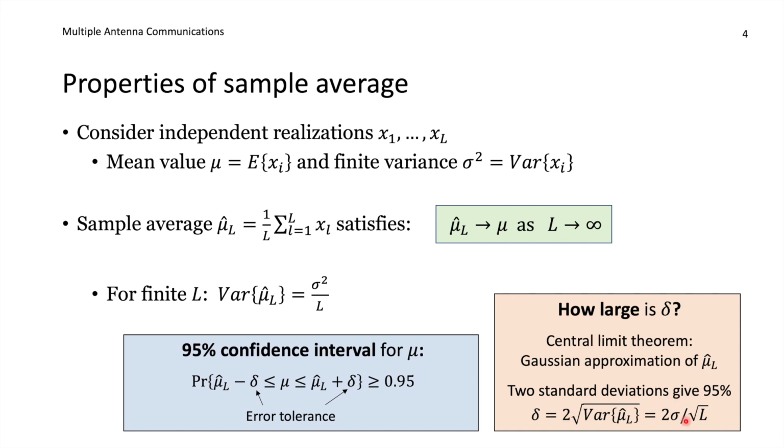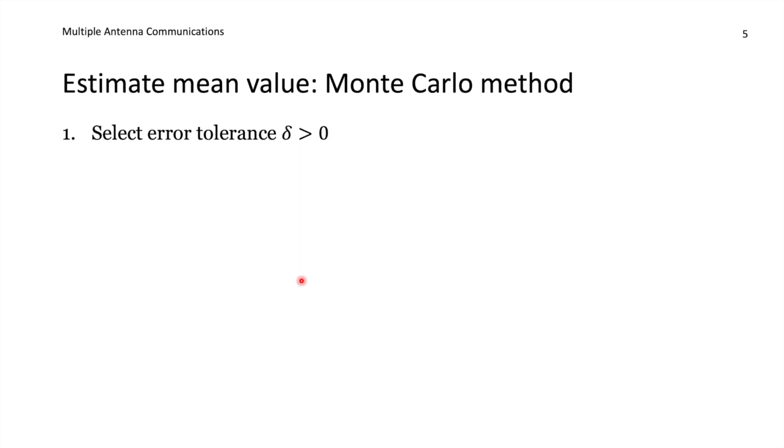If we put it in here, then we should take 2 times the standard deviation of the original random variable and divide by the square root of the number of realizations that we're having. So we now know what delta we will get with a certain number of realizations that we are using when computing the sample average. And this is the starting point of the Monte Carlo method.